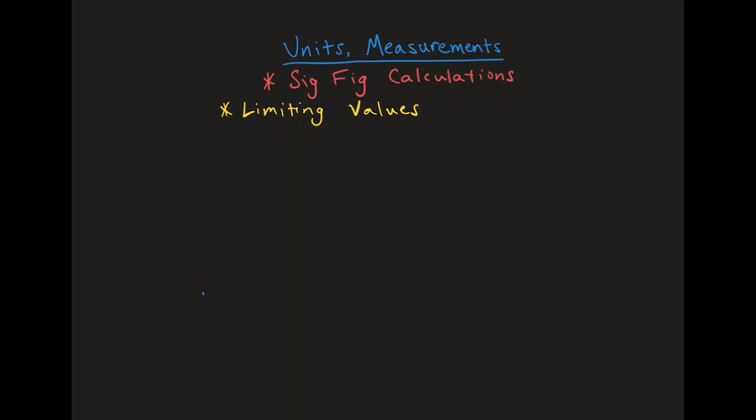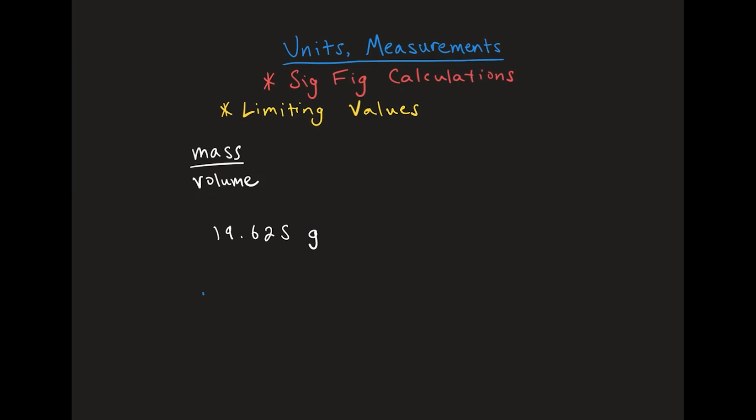For calculations involving 2 different measurements, the one with the least number of sig figs is called the limiting value, or limiting term. For example, let's say we're calculating the density of an object, which is mass divided by volume. Say we're examining a liquid, and we take its mass to be 19.625 grams.